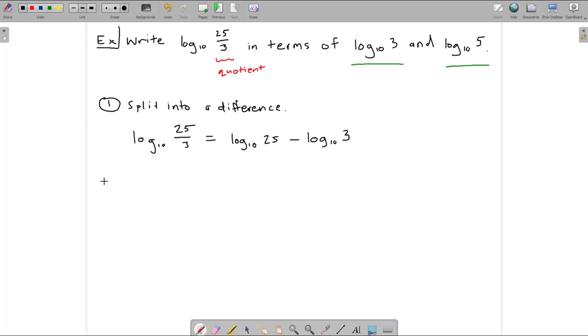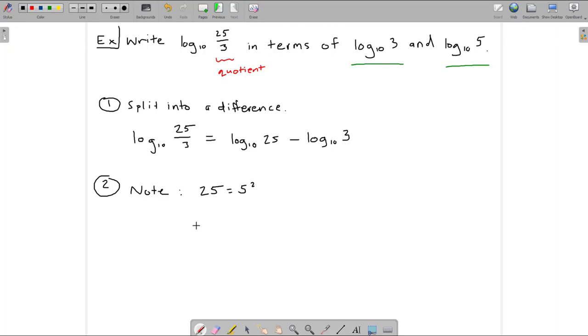So the next thing to notice is, I can write 25 as 5 to the second power. So 25 equals 5 squared.